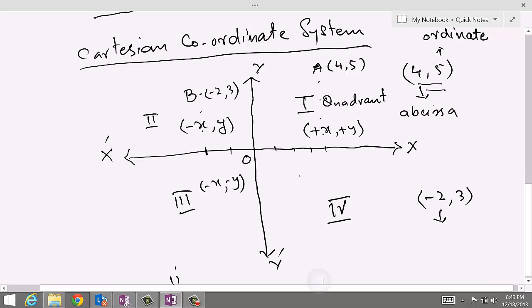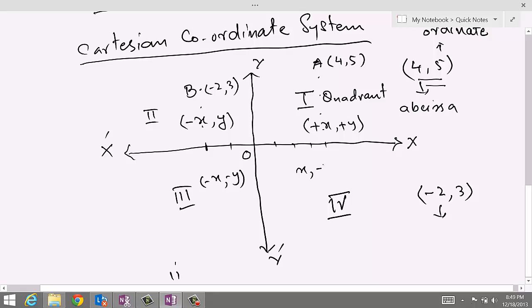And if x is positive but y is negative, then this will go into the fourth quadrant. This arrangement of plotting number pairs on the graph paper is called Cartesian coordinate system, and these numbers x and y are called Cartesian coordinates of that pair.